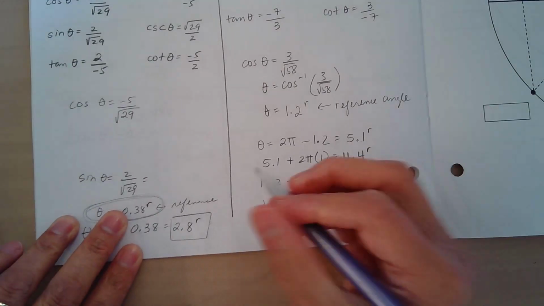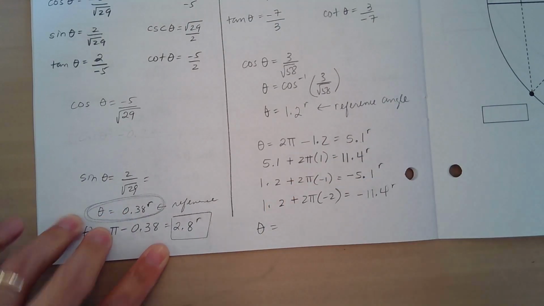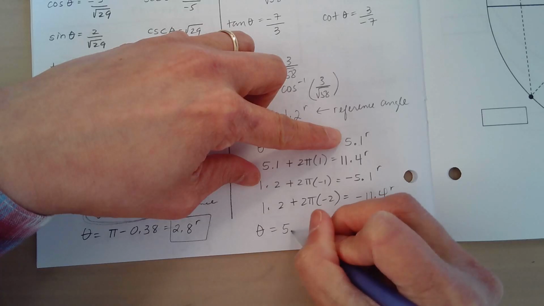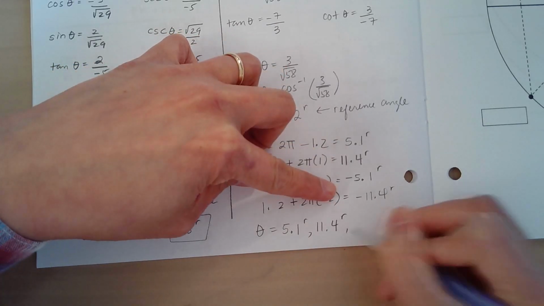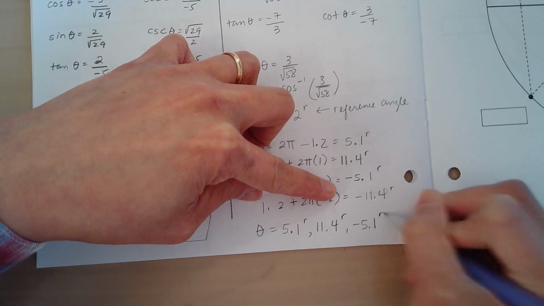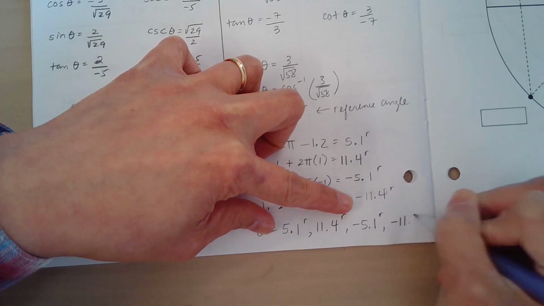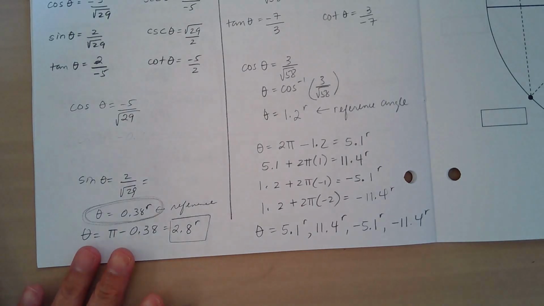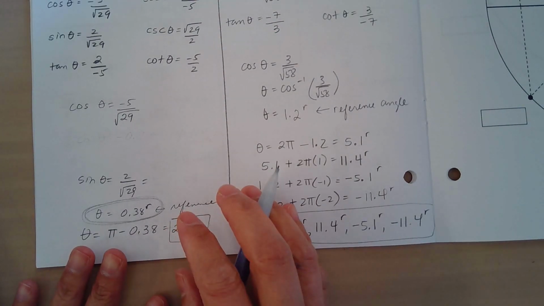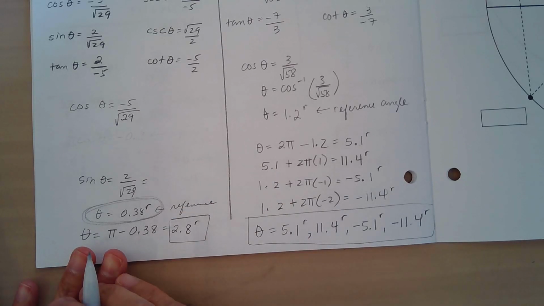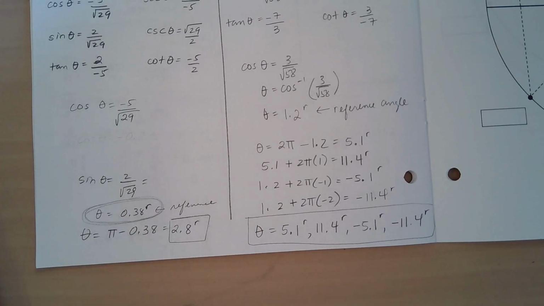So theta are 5.1 radians, 11.4 radians, negative 5.1 radians, and negative 11.4 radians. We could have just done it the other way too, right? Where it's like negative 5.1 radians plus 2 pi times negative 1. It's like a whole bunch of ways. Yeah, there's a bunch of ways.